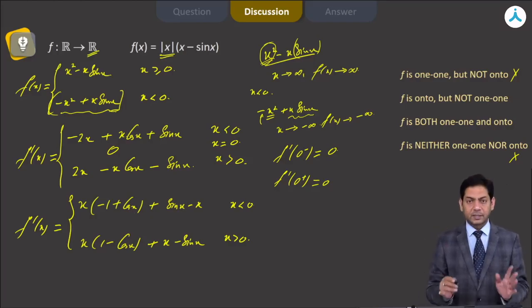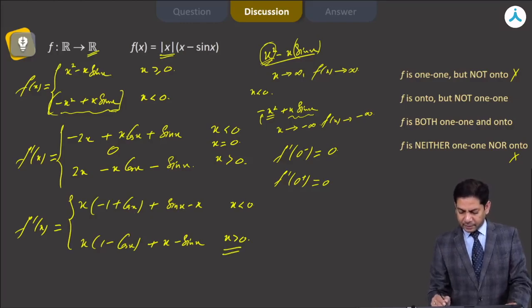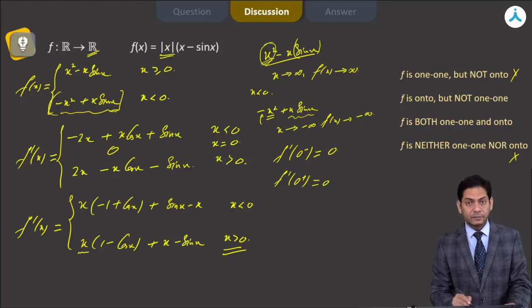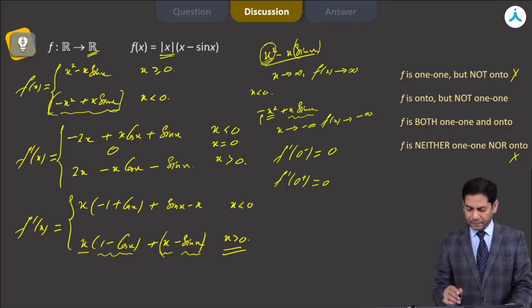Now what about the sign of the derivative? If you take it for x greater than 0, this quantity is positive. 1 minus cos x is going to be positive or maybe equal to 0. This is going to be positive and this is also going to be positive, but about the difference x minus sin x, you must be knowing that sin x is less than x in the neighborhood of 0.